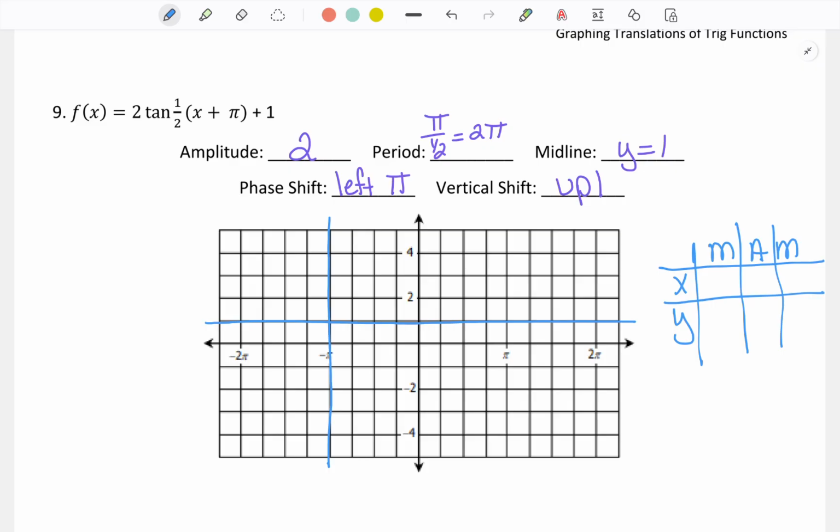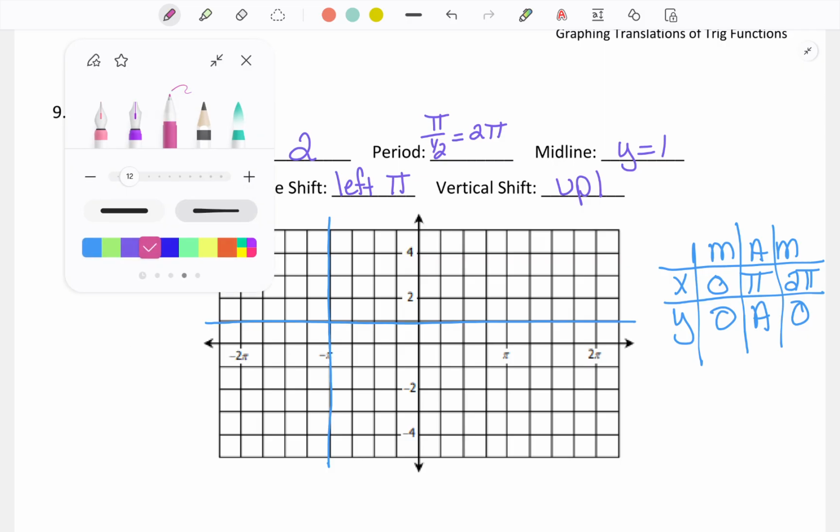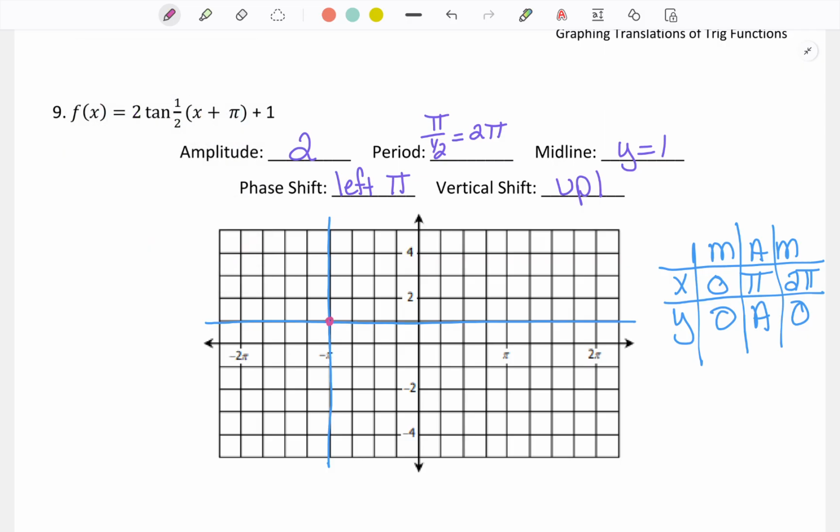And so we will start at 0. This period is 2 pi long, so halfway between is pi. We have asymptote, 0 and 0. And so we will start at the middle. We will go over 4 blocks to pi, so 1, 2, 3, 4, and have an asymptote.